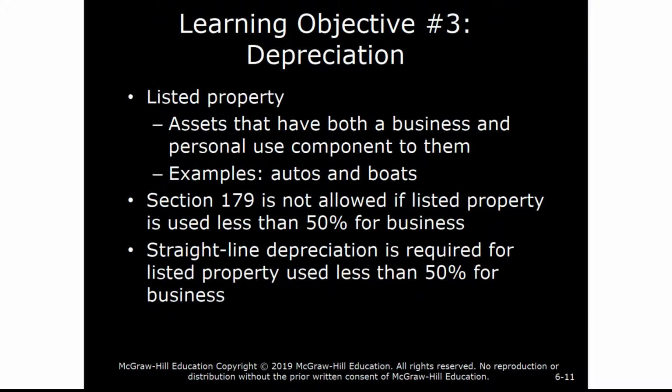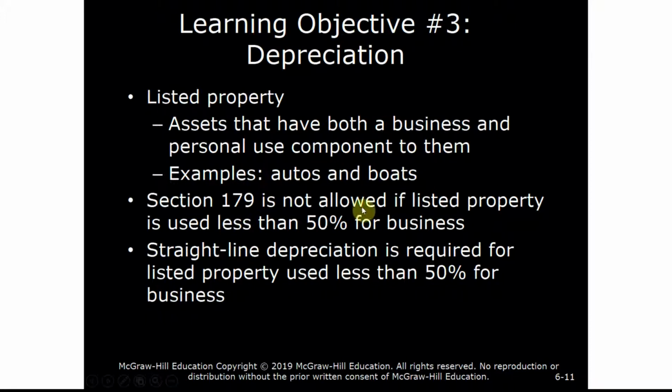How much of that property tax bill would be a deduction for business purposes on Schedule C, and how much would be an itemized deduction on Schedule A? And so we generally will calculate that by multiplying the property tax bill by the percentage of square footage that the home is used exclusively for business.